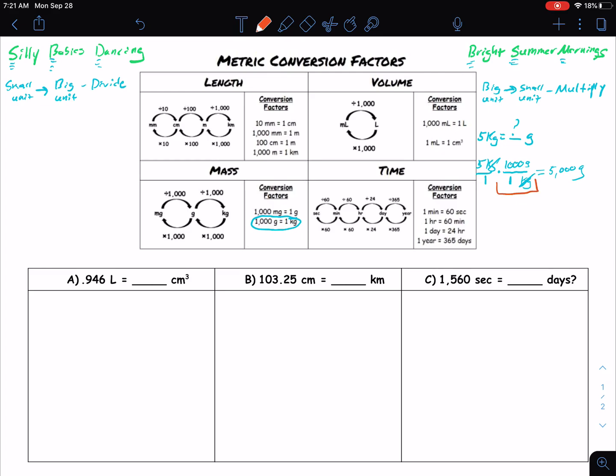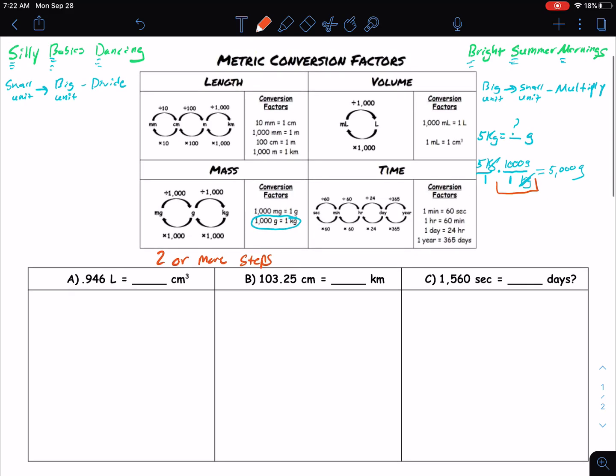And again, this is a one-step unit conversion because there's only one conversion factor in there. Today, what we're going to look at is problems that have 2 or more steps. So it's going to work the same exact way. But now you're going to have to recognize how to follow a path, how to work your way to the end.